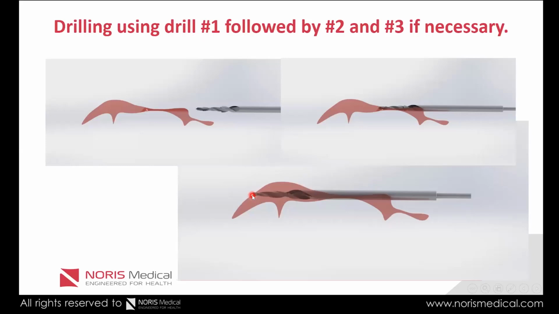Why do we want to perforate the zygoma bone? Because we want to have a bicortical anchor for the implant, and this area of the bone is cortical bone. The zygoma bone itself could be type 4, but it is cortical bone at this point. So we want to perforate this bone.